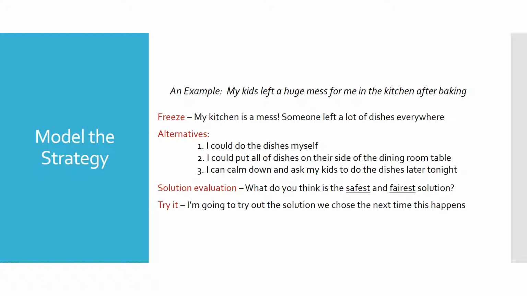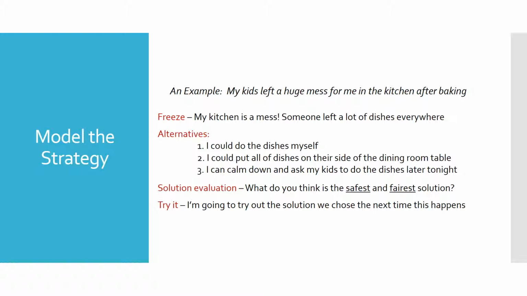So then the third step is solution evaluation. And what do you think? You can see on the whiteboard those three alternatives. What do you think would be the safest and fairest solution for me to do? You're right, doing the dishes myself would just make me more angry. Yep. Luis?